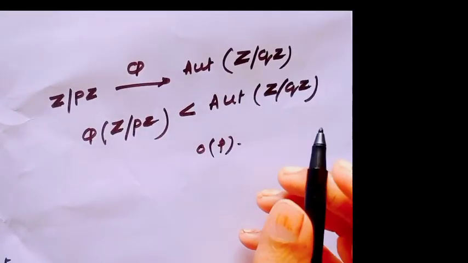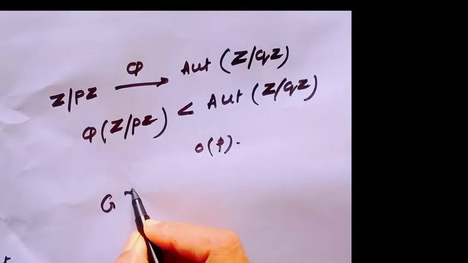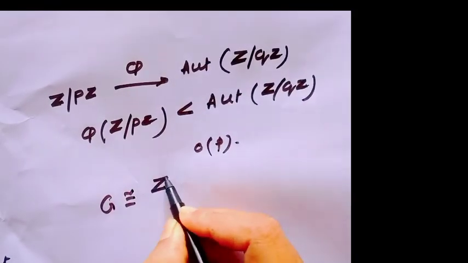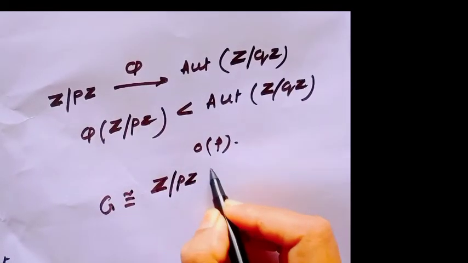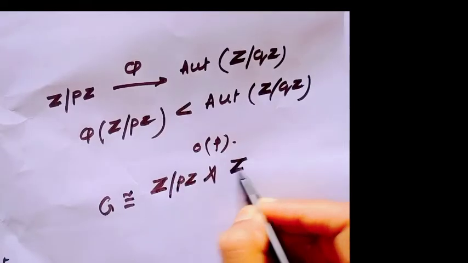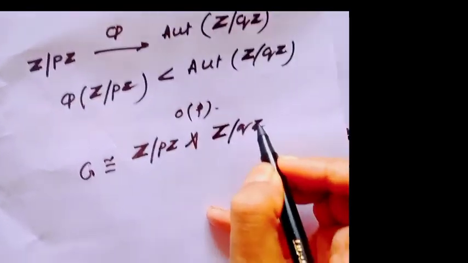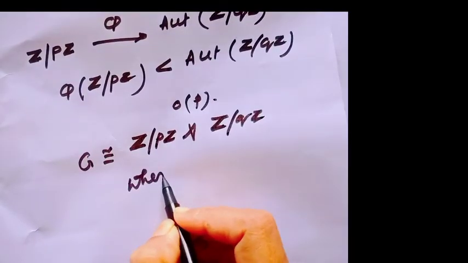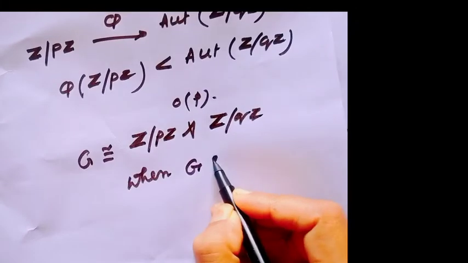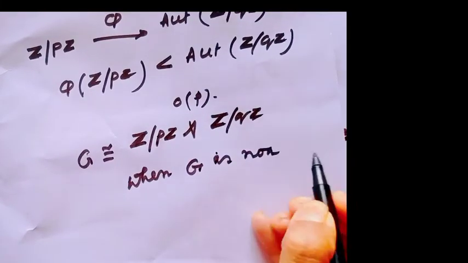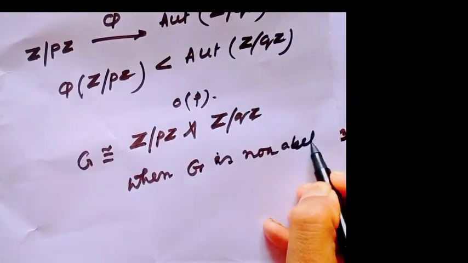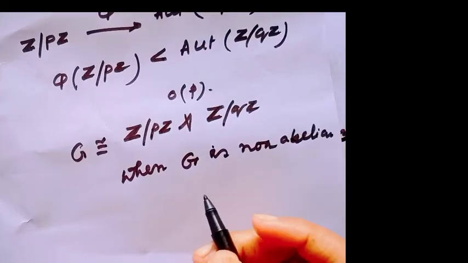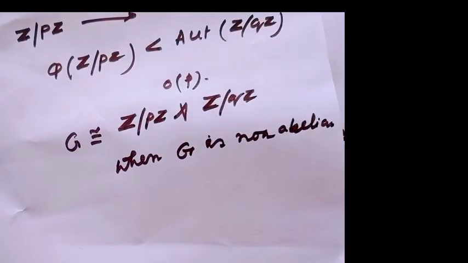So we can tell G is isomorphic to Z mod PZ semi-direct product Z mod QZ when G is non-abelian. Therefore, up to isomorphism, there exist two groups of order PQ.